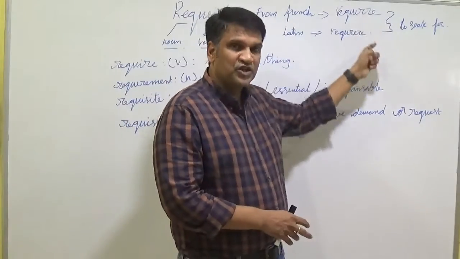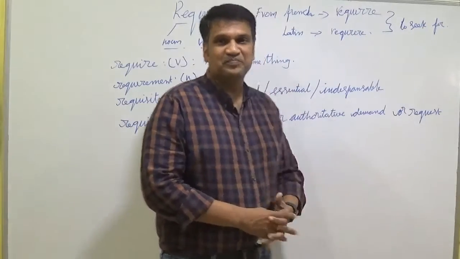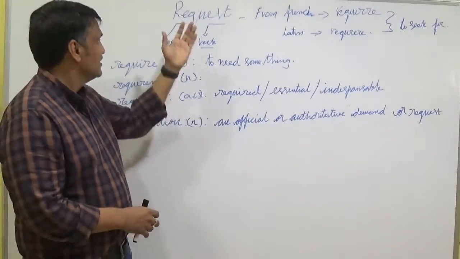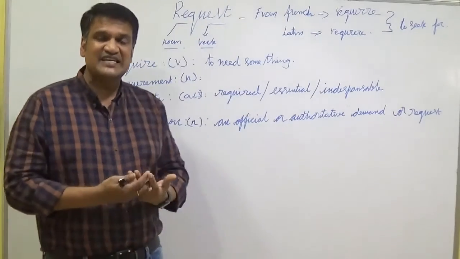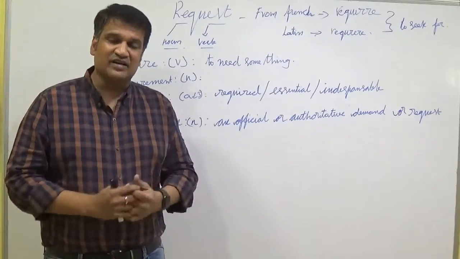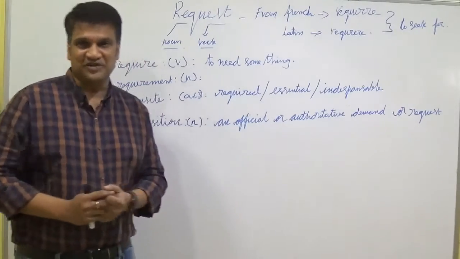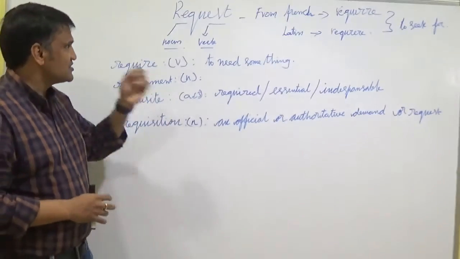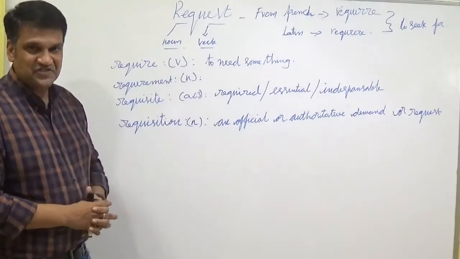The meaning for both words is to seek for. We have been using the word request to seek some need or some favor from others. And etymologically, we got some words from request.